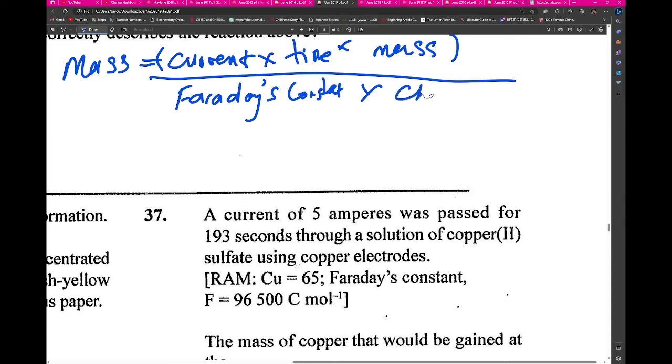Times charge, right? How do we get charge? Remember that charge is Q, and Q is equal to current times time.